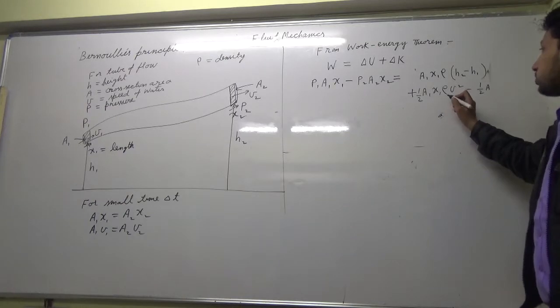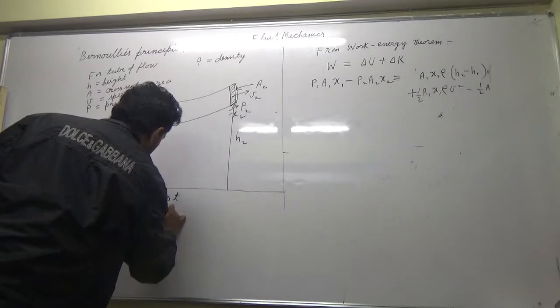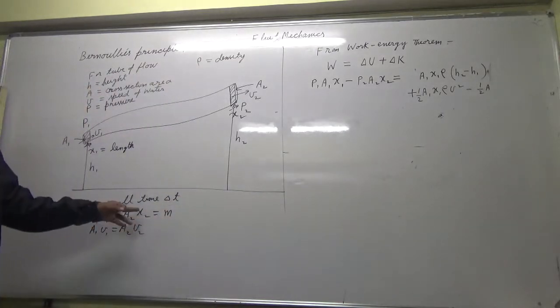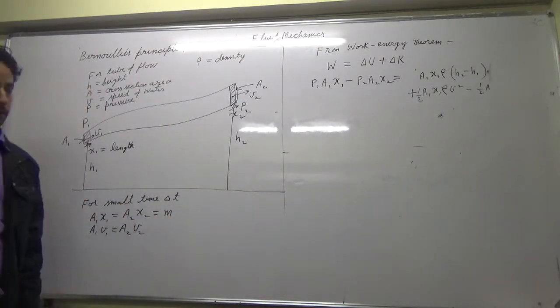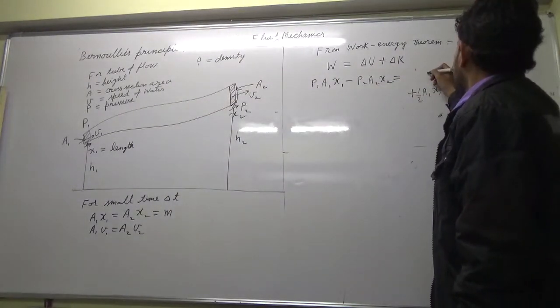It will be better if we write it like this. We will take it as the mass entering, in the form of m. It will be less confusing if you write it as m, because with one or two there will be confusion. Write it as m.